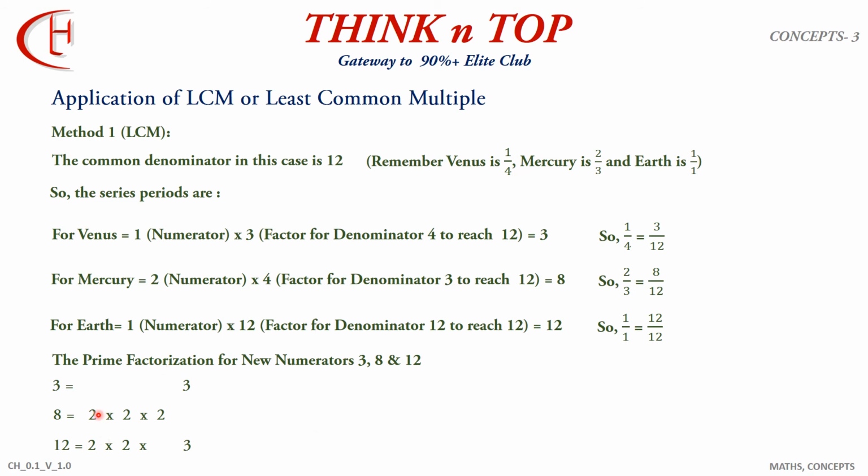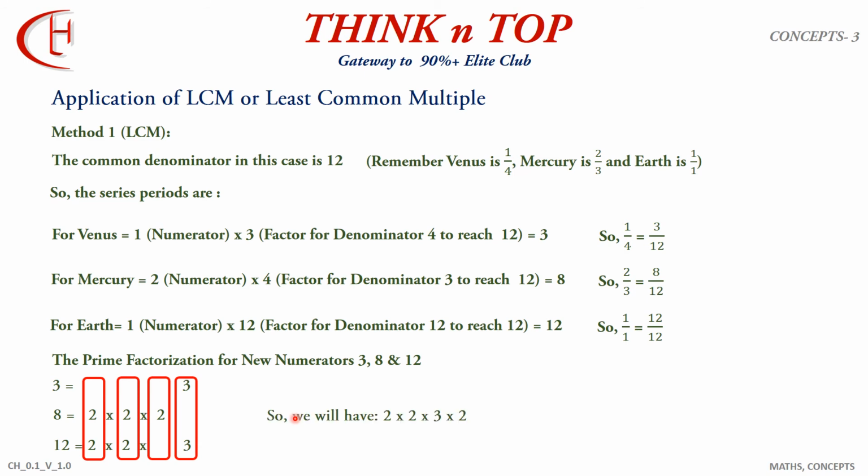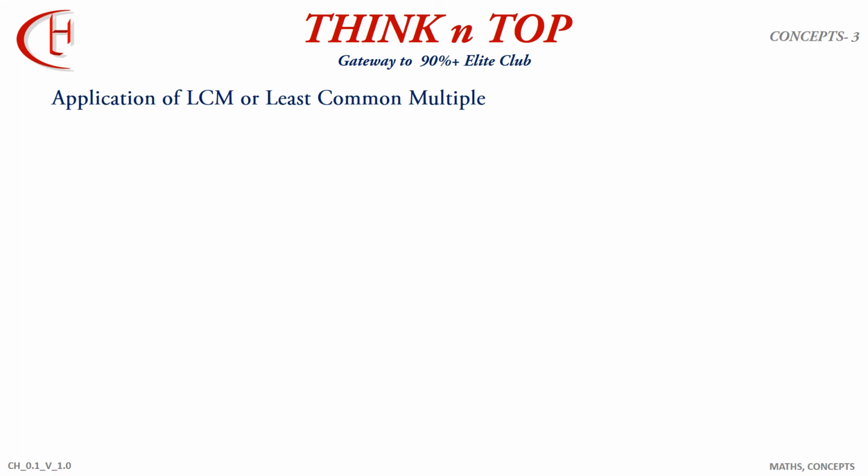The common factors 2, 2, 3, these are the common factors, and 2 is an individual factor. So we get 2 into 2 into 3 into 2. We can rearrange it and write as 2 into 2 into 3 into 2. So this becomes 24.